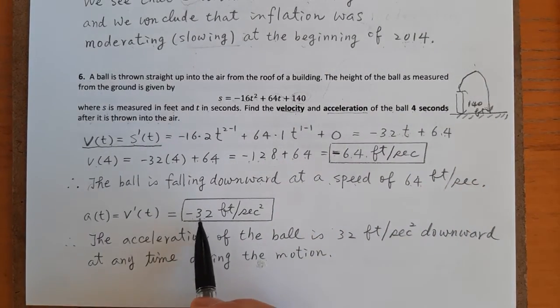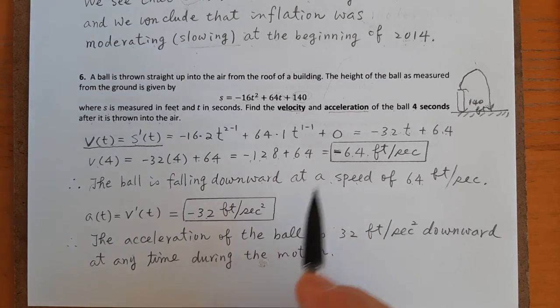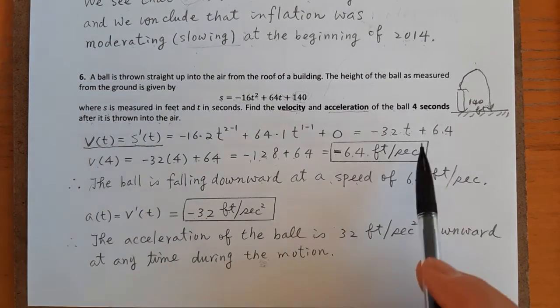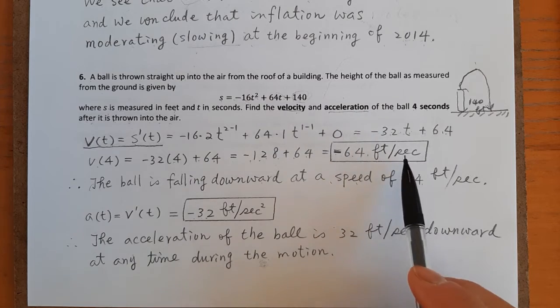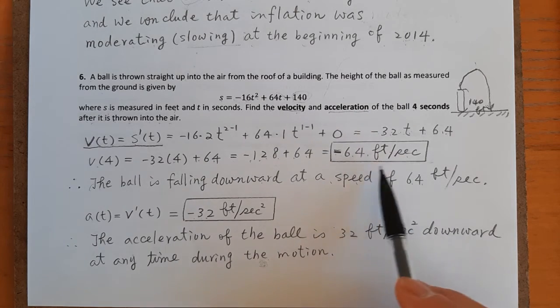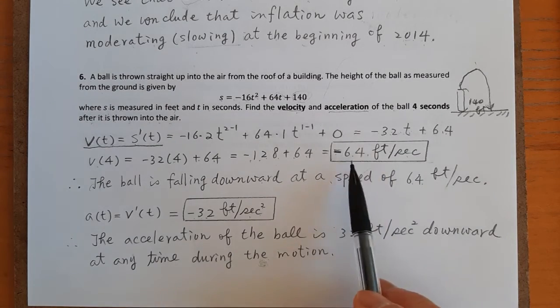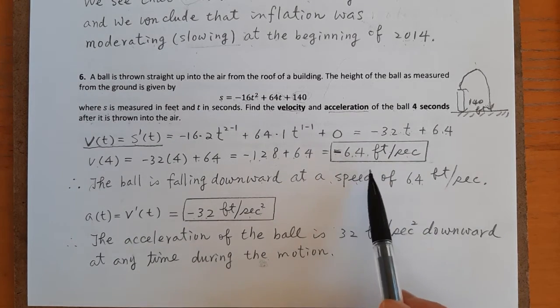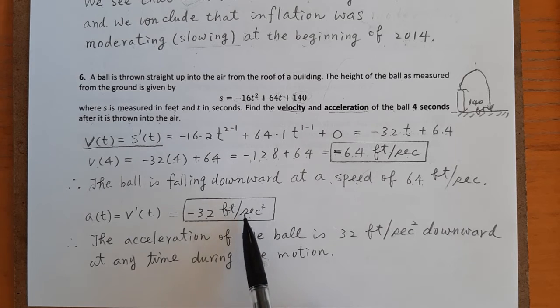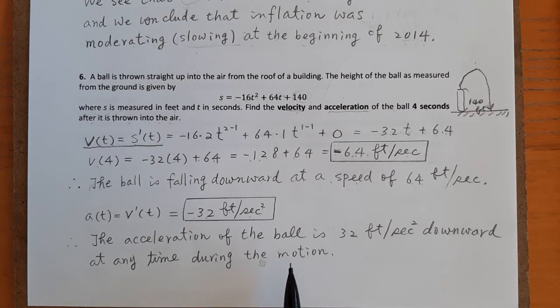So you get negative 32 feet per second, and since velocity is in feet per second, dividing by seconds gives feet per second squared. So the acceleration of the ball is 32 feet per second squared downward.